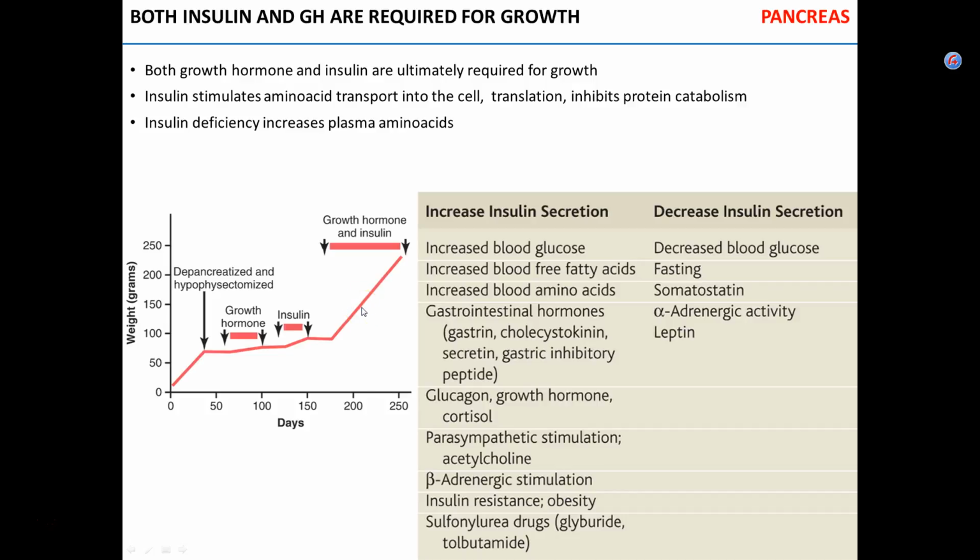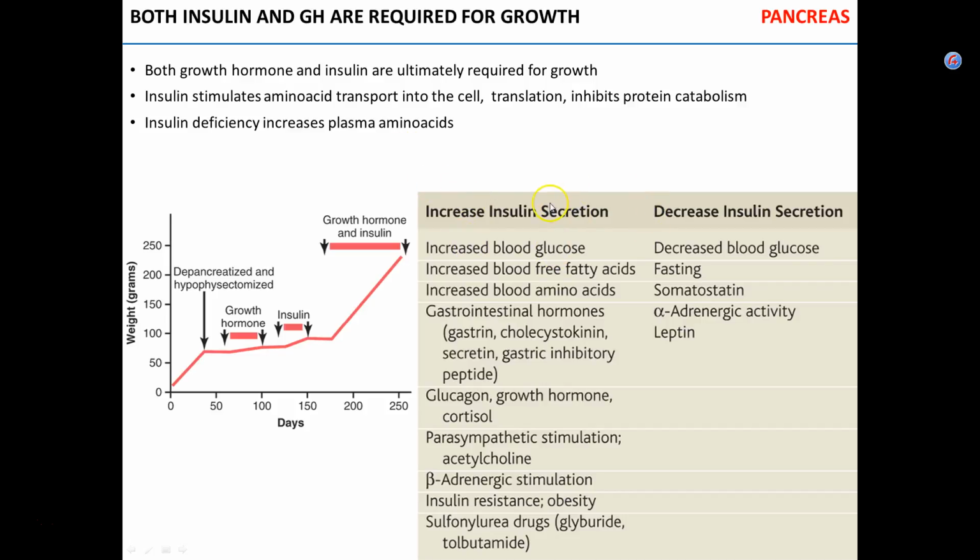So those athletes, the bodybuilders, they use a regimen which includes GH, testosterone, and insulin, because increased insulin allows them to uptake amino acids and stimulate protein synthesis. Does that make sense? Insulin additionally stimulates protein synthesis. It's another anabolic hormone.